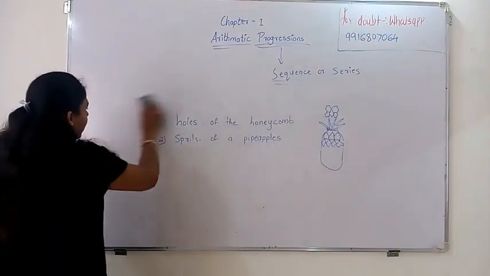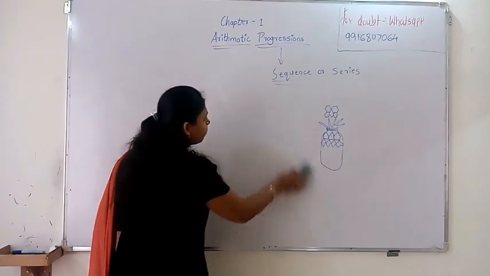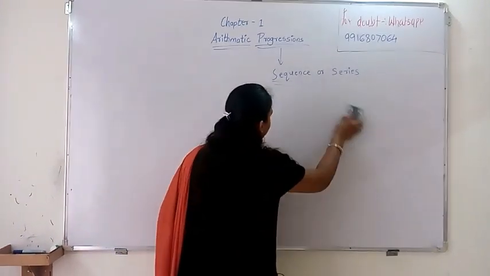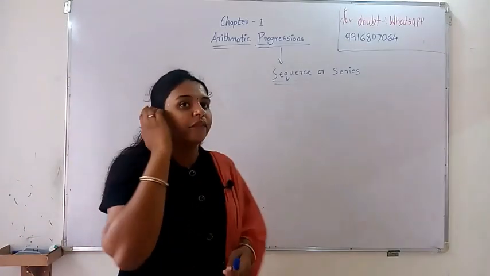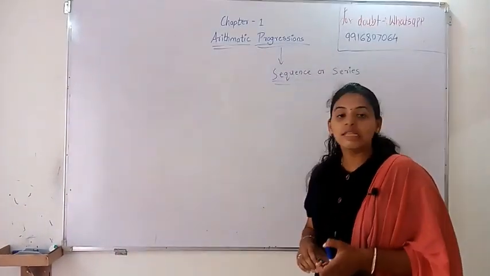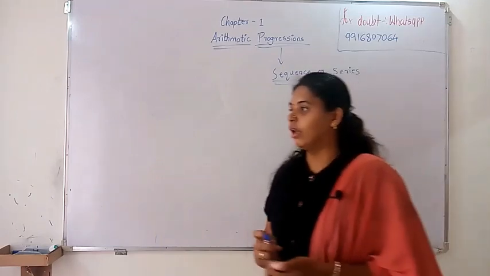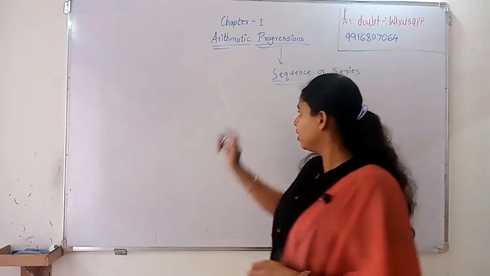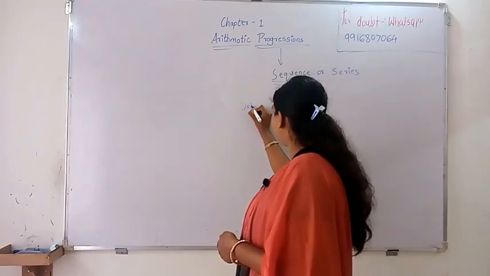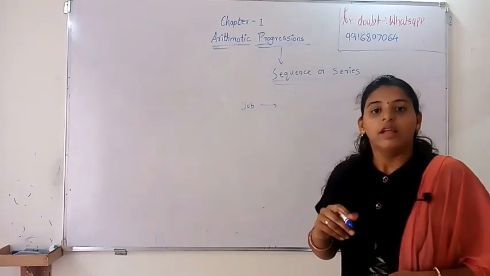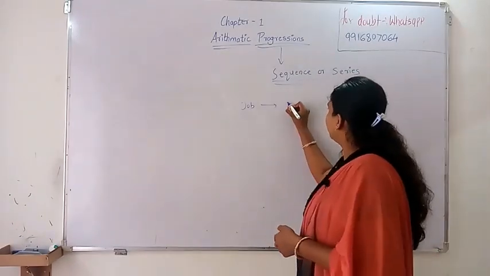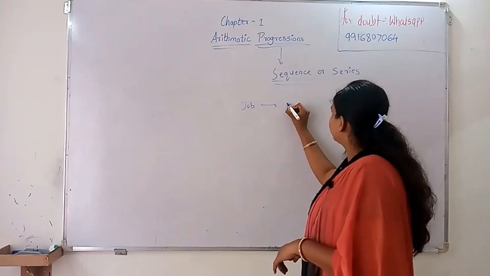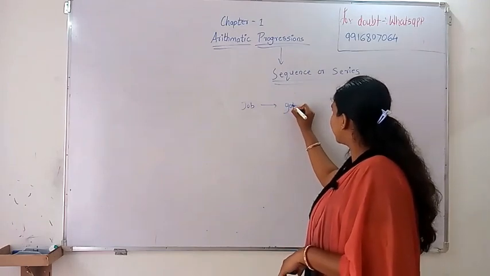First, some simple examples we'll take. One girl is there, her name is Reena, and she applied for a job. Then she got selected in that company, factory or bank, something.